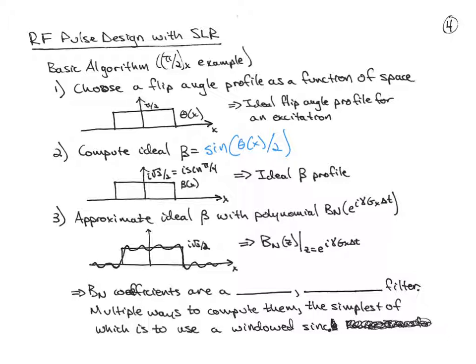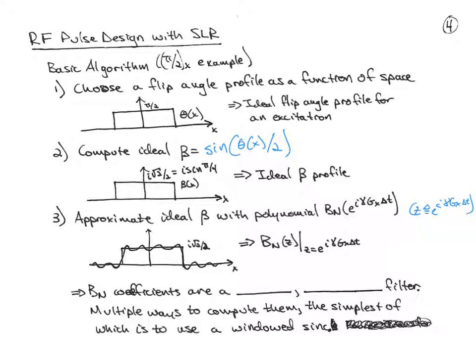Then we approximate the ideal beta profile with a polynomial b sub n as a function of z, where z is defined as e to the i gamma g x delta t, as is written here. We get this polynomial using a filter design method, which we'll talk more about later.